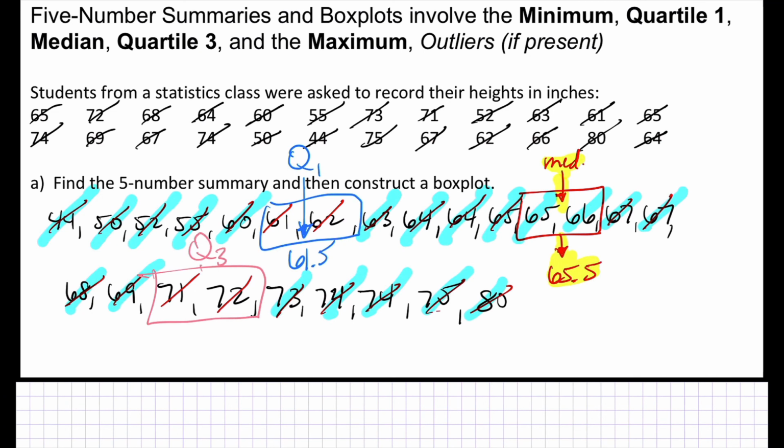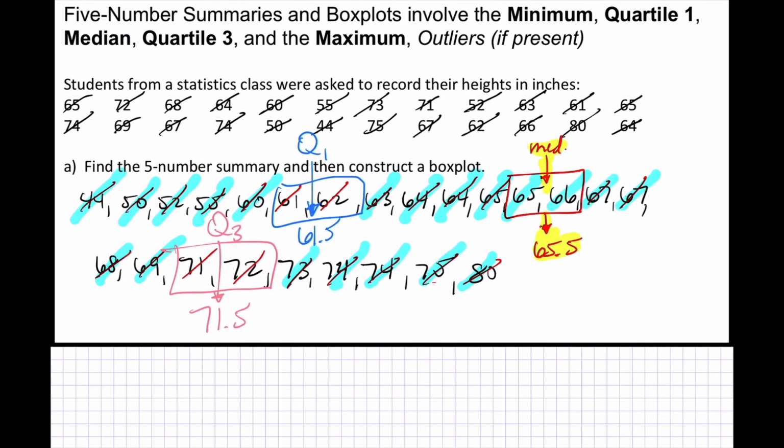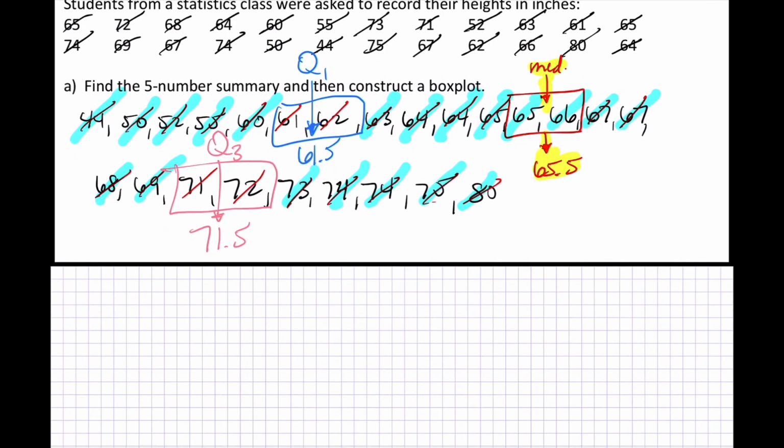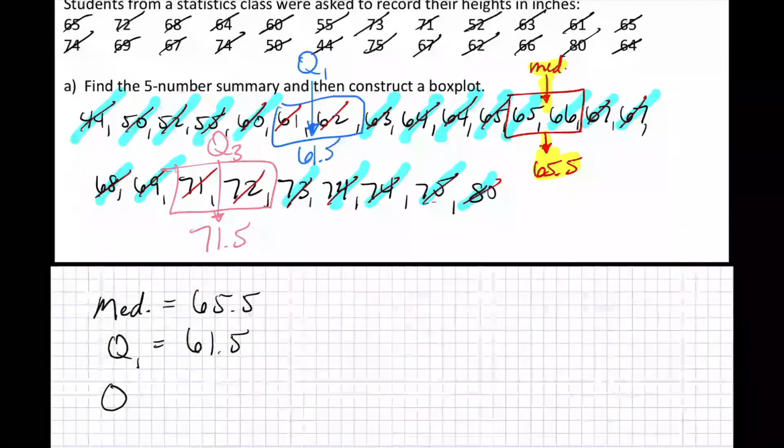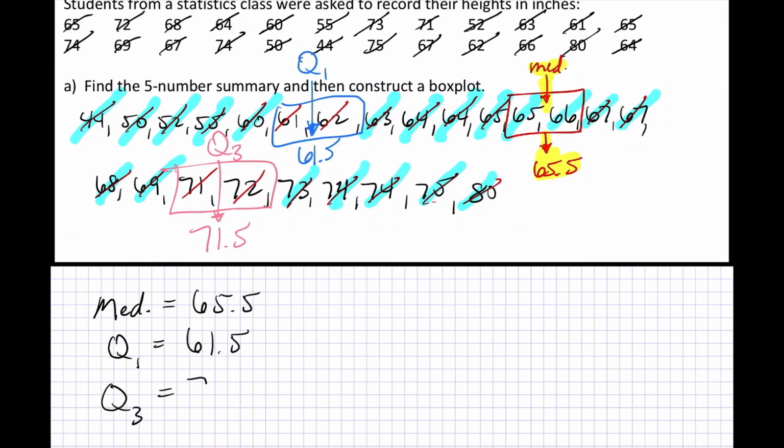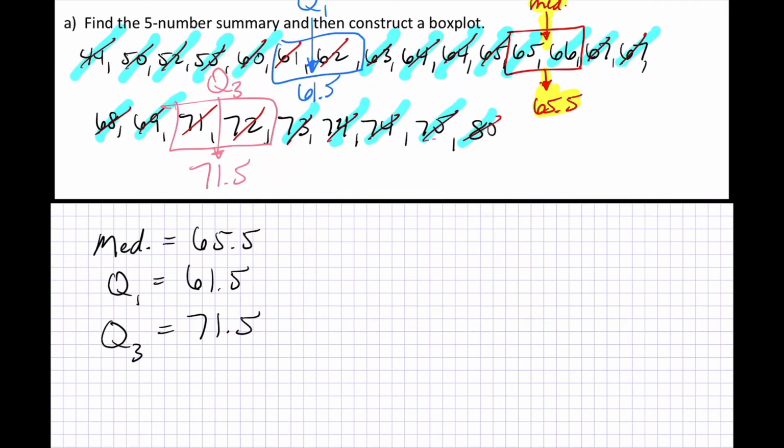That's Q3, and that's going to be 71.5 because when you add them up and divide by 2, you get 71.5. Okay, so let's write down what I have so far. Those are the easy ones, right? The median is 65 and a half. Q1 is 61 and a half. Q3 is 71 and a half.